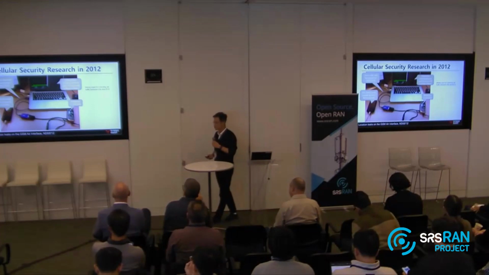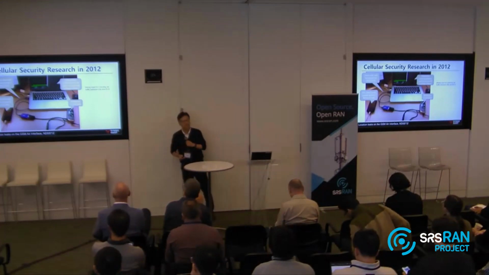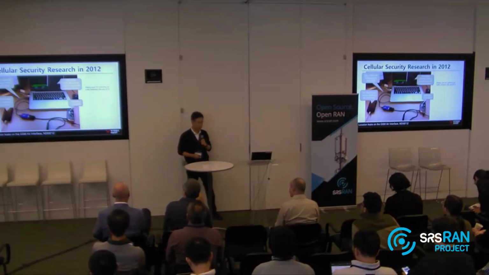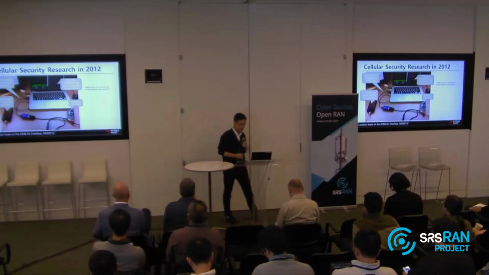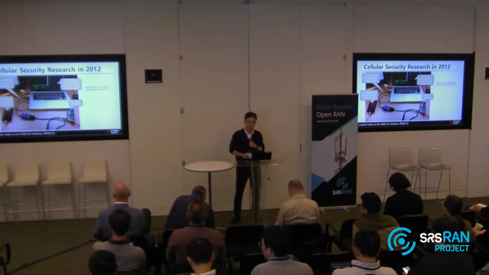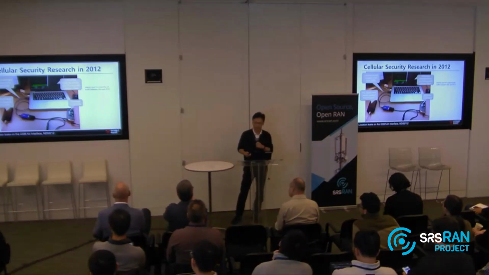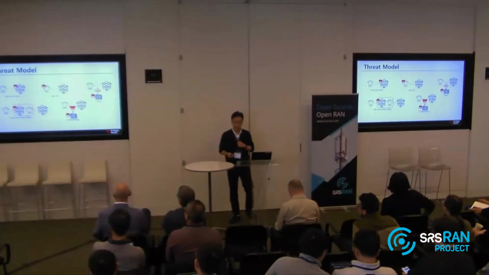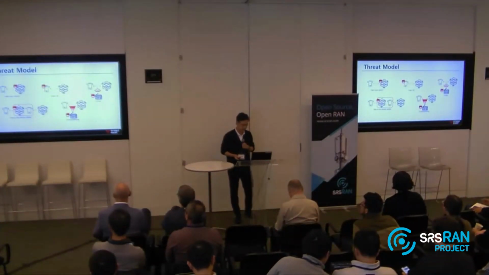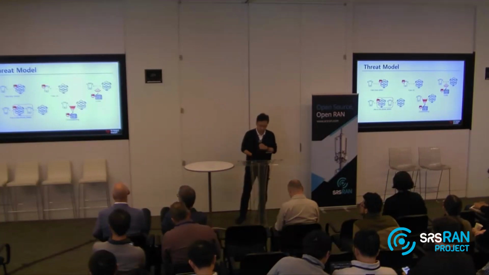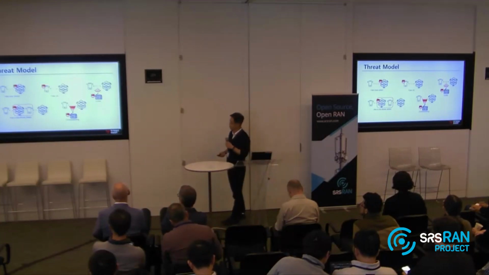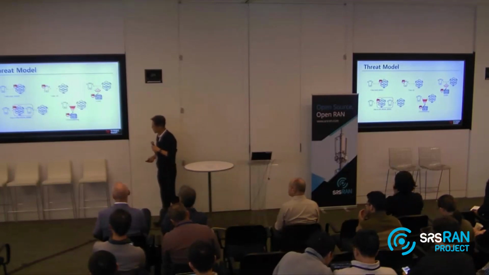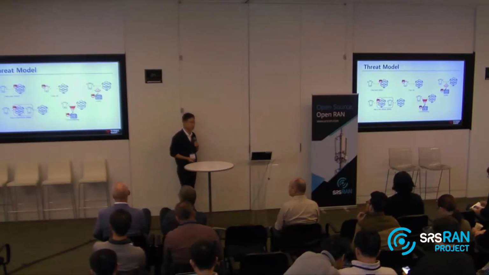Around 2015, a lot of cellular security papers started coming out. I think the biggest change in the last 7 years is that we have new threat models: fake base stations, fake UEs, sniffers, man-in-the-middle attackers, and overshadowing attackers.